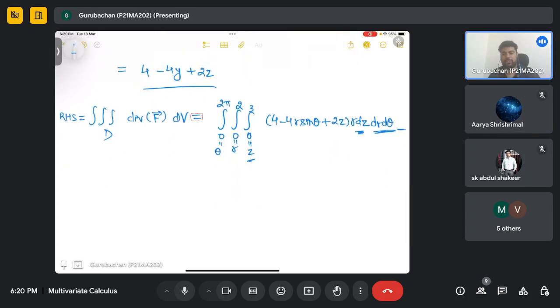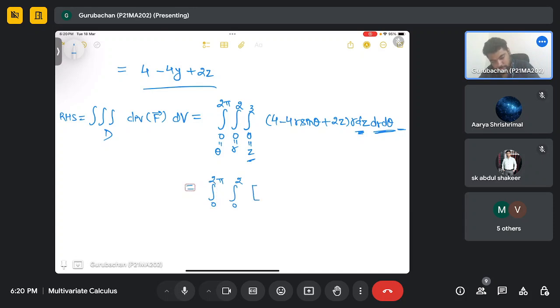So has anyone got any answer? Let me also integrate parallelly. 0 to 2 pi, 0 to 2.